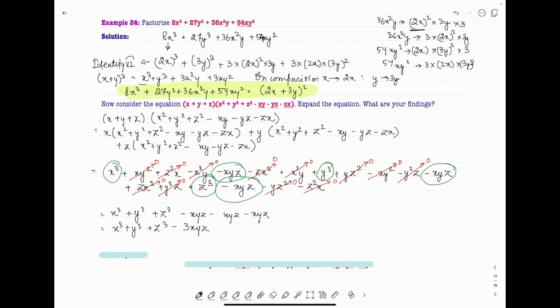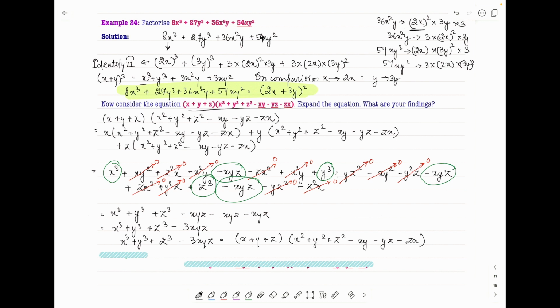So the identity is: x cube plus y cube plus z cube minus 3xyz equals (x plus y plus z) into (x square plus y square plus z square minus xy minus yz minus zx).